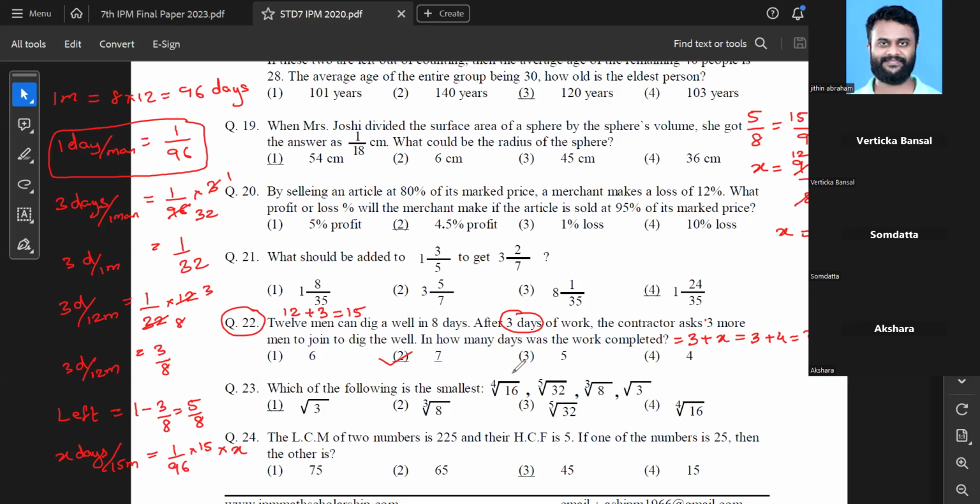For example, in the 21st question, it will be difficult for me to explain that question once again because I've erased everything. I have to write everything once again. So for every question, when I'm waiting for a few seconds, please ask your doubt at that time itself. That will save our time. Otherwise, we'll be wasting a lot of time writing again and again.